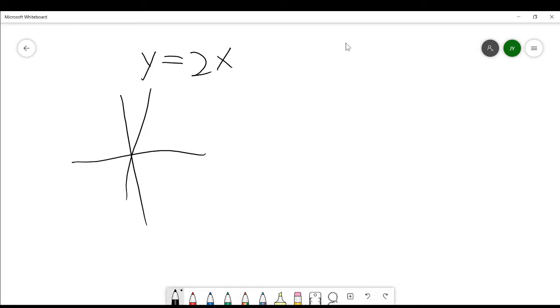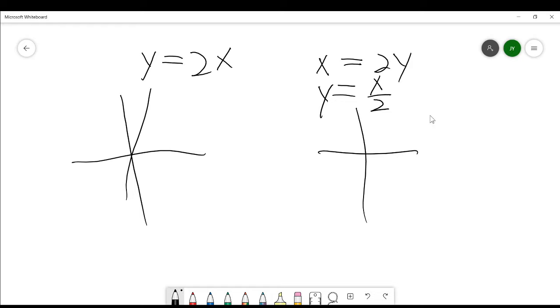Now, the inverse of this is that we switch the x and y values. So on here, it would be x equals 2y, and to graph this easier, we solve for y, which is y equals x over 2. Now the graph of this is this.